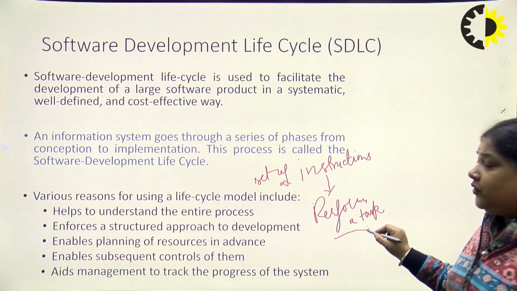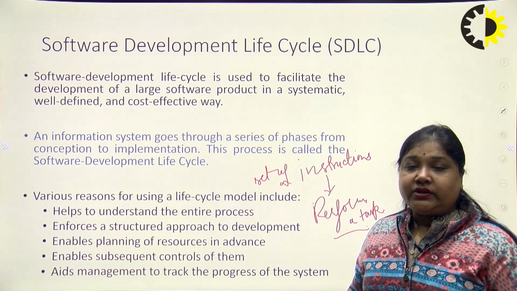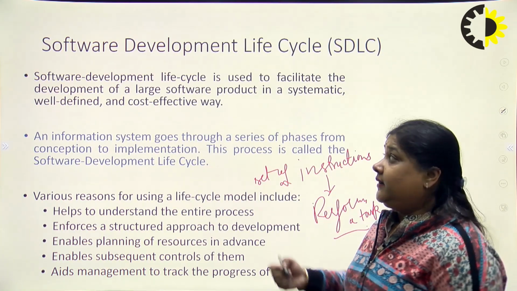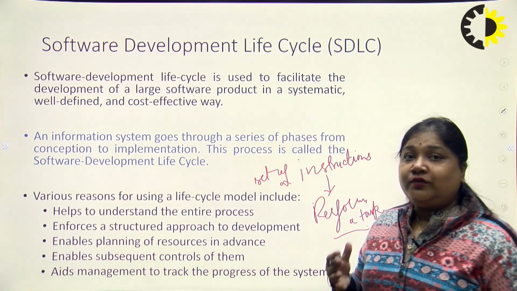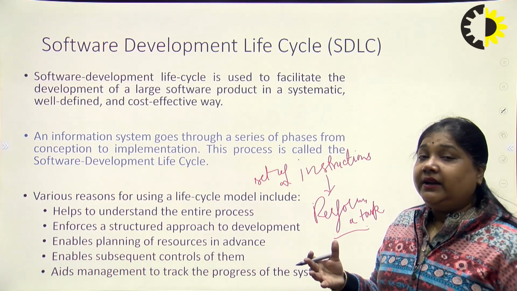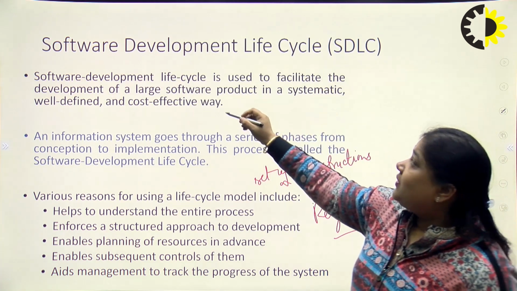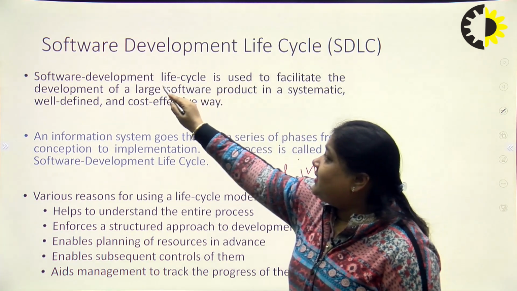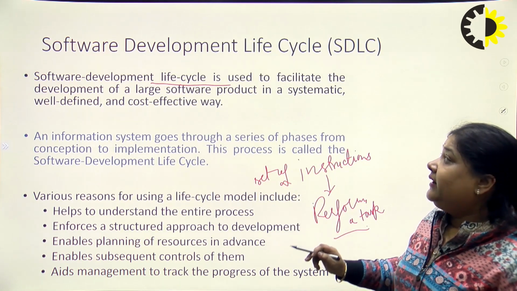With the combination of some programs, some documentation, and some data, a software is developed. And we need a process through which a software is developed. So this is the process, this is the life cycle through which a software is developed.